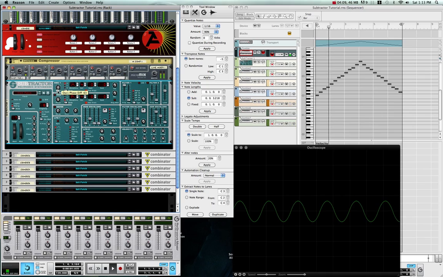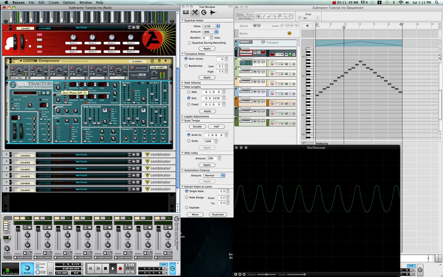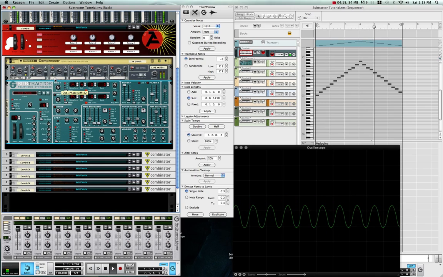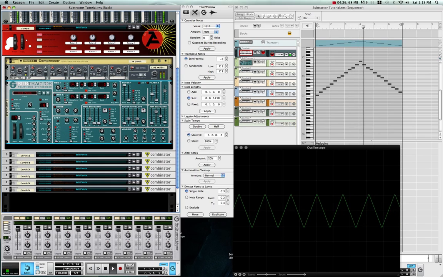Here's multiplication. And this applies for any waveform you choose. That's phase. Each oscillator has its own phase knob, or phaser built into it.